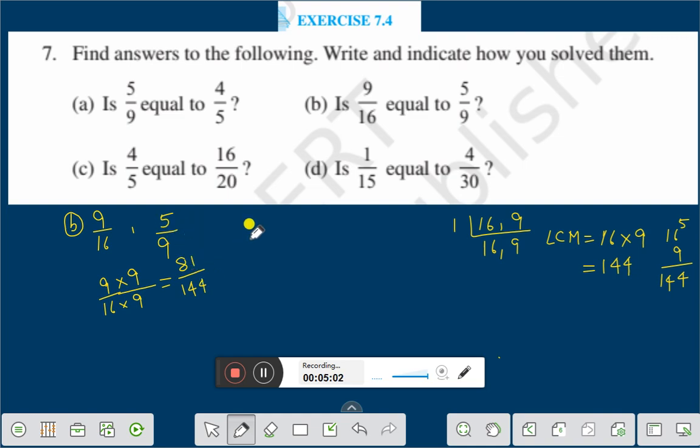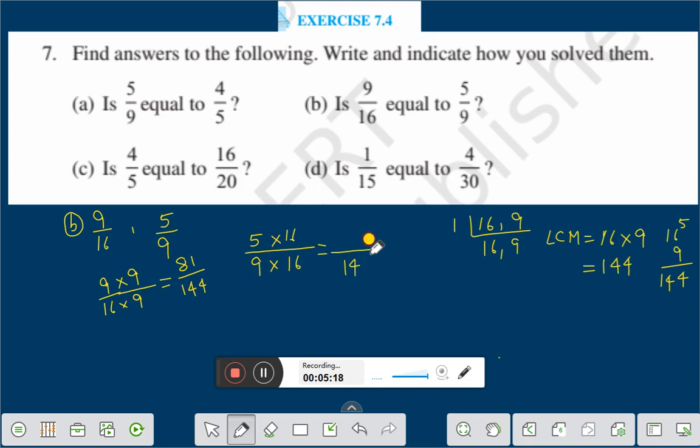We will solve 5 by 9. You have to make the denominator the same. You have to multiply 9 with 16, and multiply 5 also with 16. That means you are getting 144.